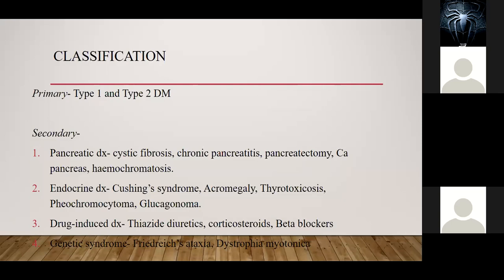So there are other conditions. We know that insulin as a hormone can be affected by other hormones, okay? Usually when you look at how the system works, if you need something to control the level of the sugar, to push sugar into the cells to reduce the sugar in the bloodstream, then you call on insulin.